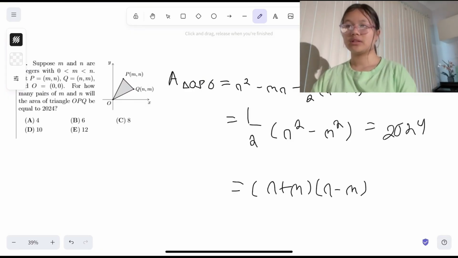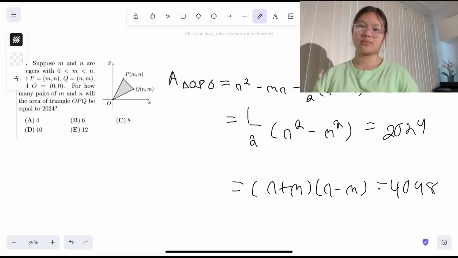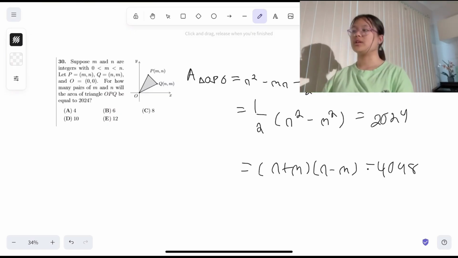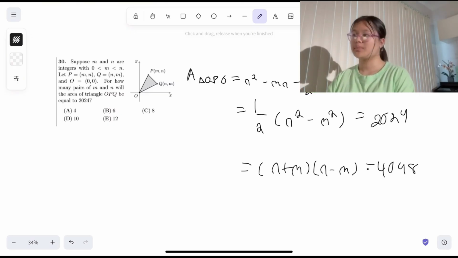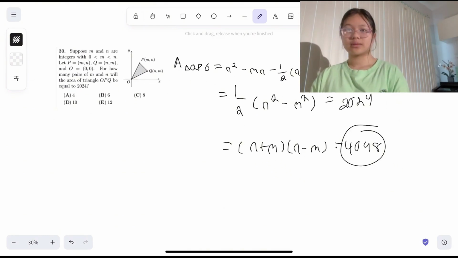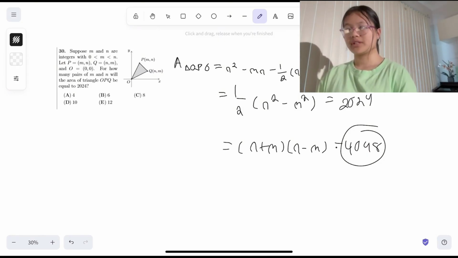So this becomes (n plus m)(n minus m), and then we can multiply both sides by 2 to get rid of the 1/2, so it becomes 4048. Since m and n are both integers, n plus m and n minus m are either both even or both odd. So there are 6 ways that 4048 can be represented.